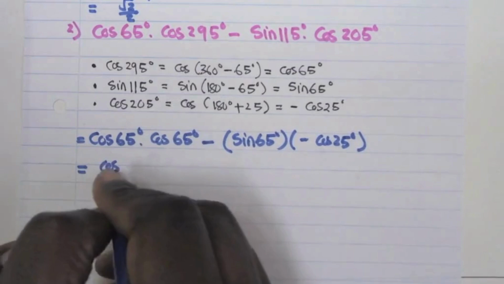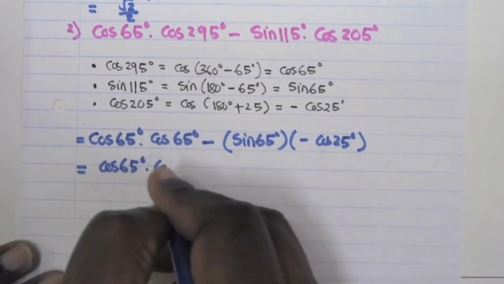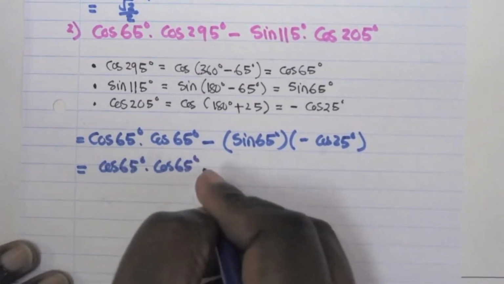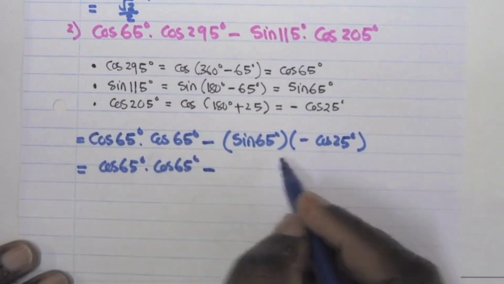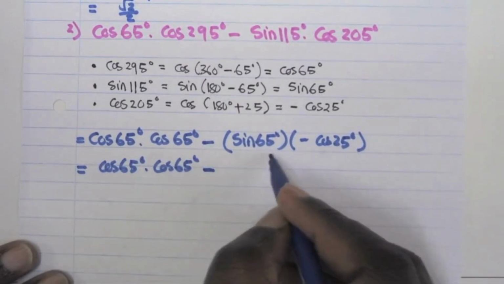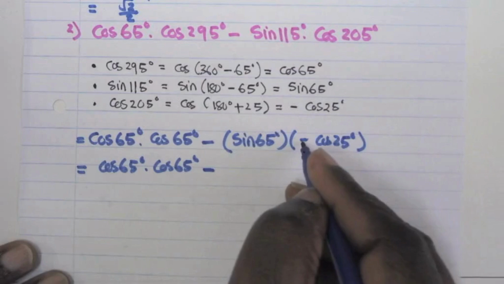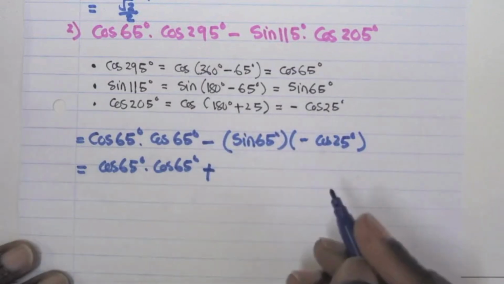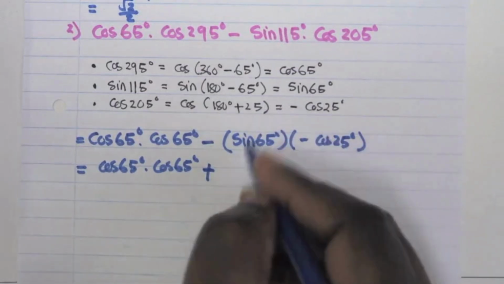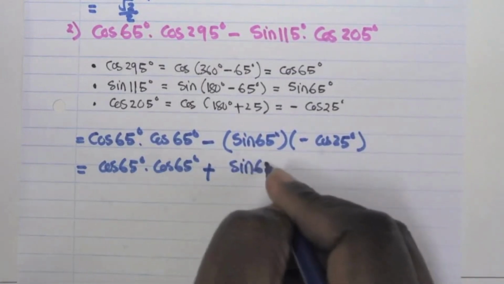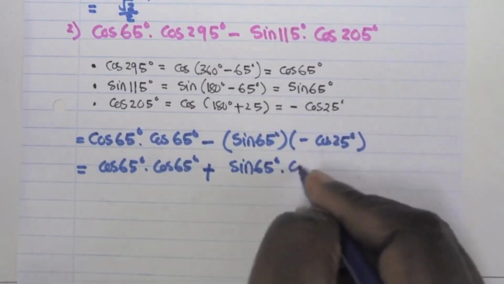I'm going to get here cos 65 degrees minus a minus, and the minus is going to give me a positive. So I'm going to get here sin 65 degrees times cos 25 degrees.